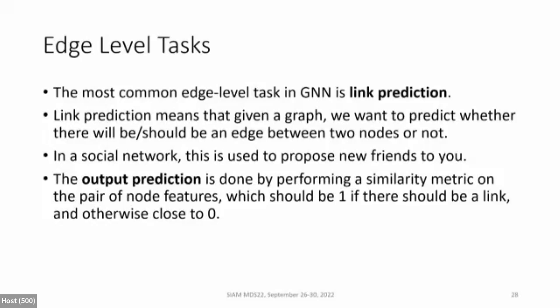So in social networks, this translates to whether social media companies should propose a new friend to you, or make a recommendation, or if there is a future citation from one paper to another.